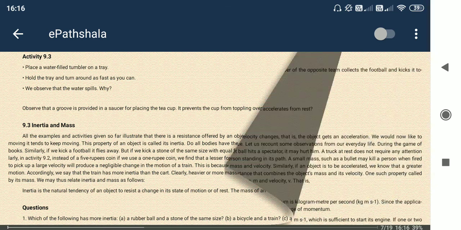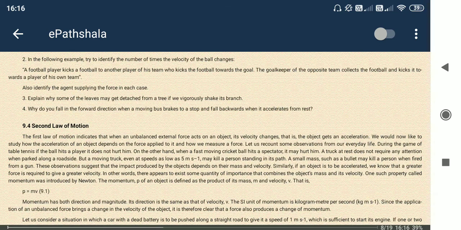Okay, so fine. Second law of motion. The second law of motion says that whatever force we apply is proportional to the change of momentum of that body. It means if we apply more force, then there will be a change in a greater amount of momentum. Momentum is actually mass into velocity.